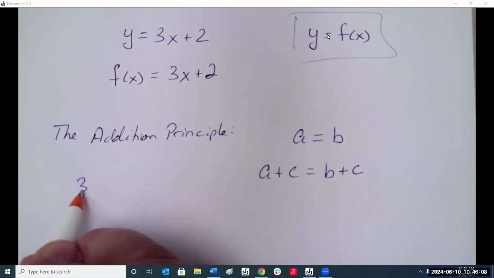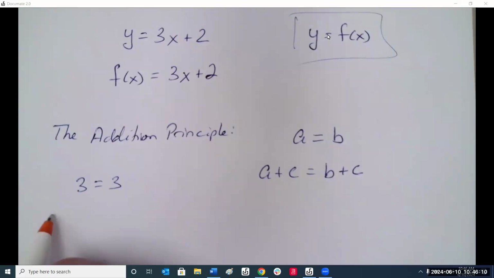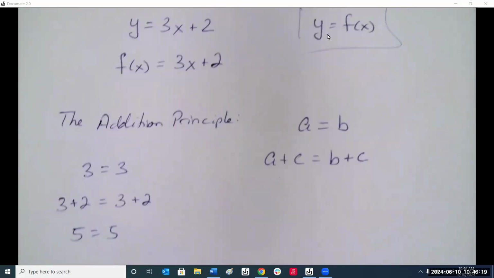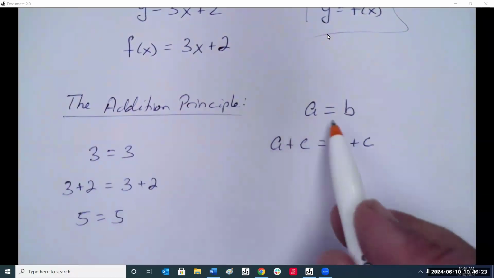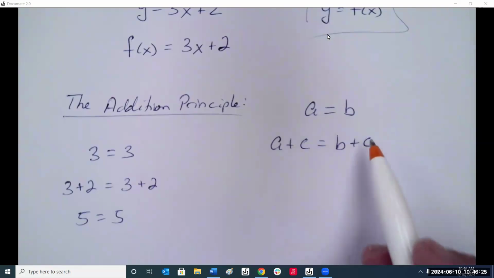If 3 equals 3, and if we add 2 to the left side, we have to add 2 to the right side, and they're still equal. That's what the addition principle tells us. Whatever you add to the left side, you have to add to the right side.